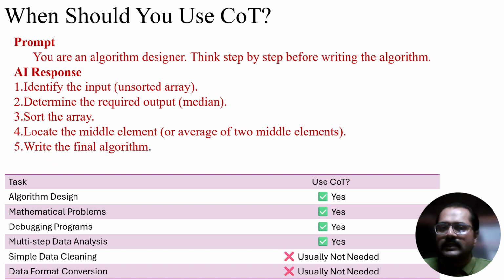So using chain of thought for algorithm design saves a lot of time for simulations, and you can work on real-time implementation because there is a gap between simulation and real time. So mathematical problems, yes, debugging, multi-step data analysis, but for simple data cleaning and data transformation, chain of thought is not required.